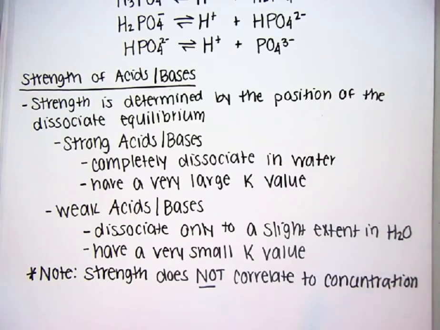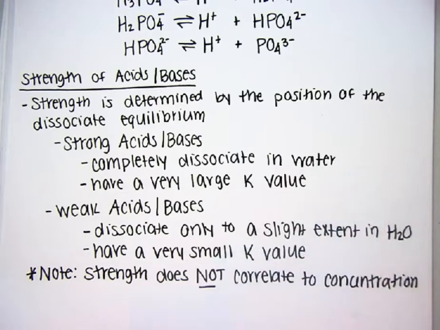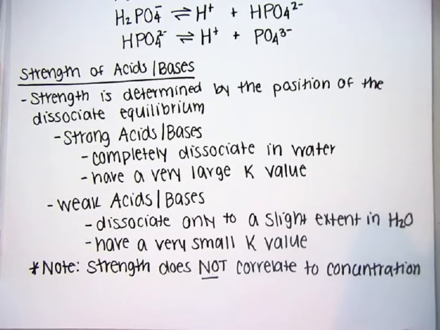Just because something is highly concentrated doesn't mean that it's strong. You can have a strong acid like hydrochloric acid that could be very concentrated, but you can also have a very dilute hydrochloric acid. Hydrochloric acid is strong because it completely dissociates regardless of its concentration.